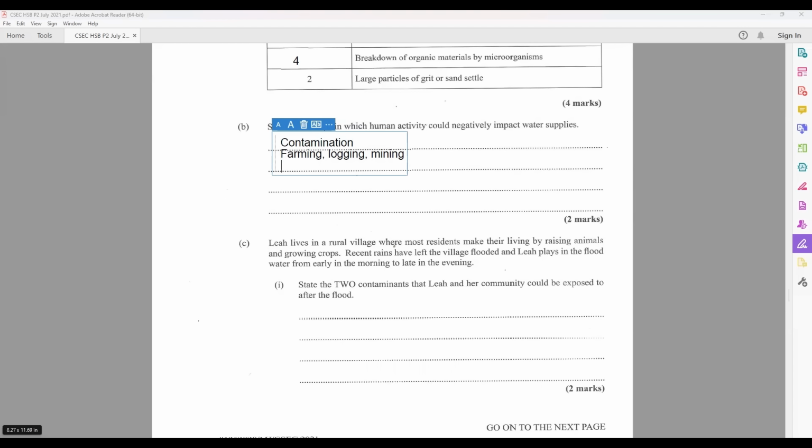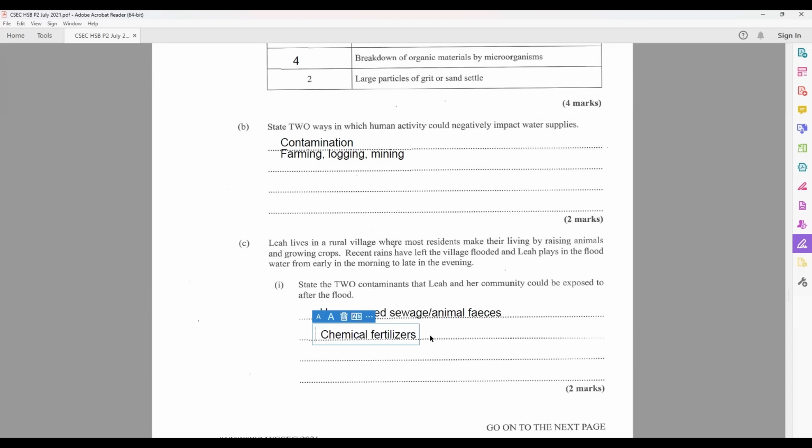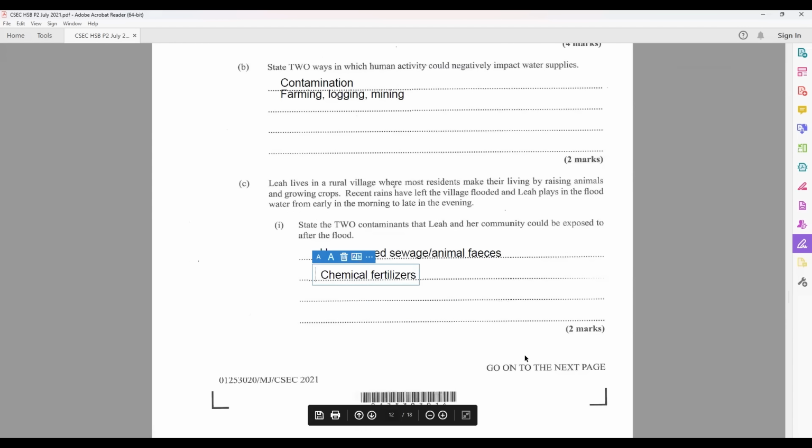So contaminants: the village will have sewage, unprocessed animal feces. Sewage, animal feces, so already we have the answer. There will also be chemicals in the water because they're planting crops, so we could pick fertilizers as a bonus, but otherwise we would have already answered this question.